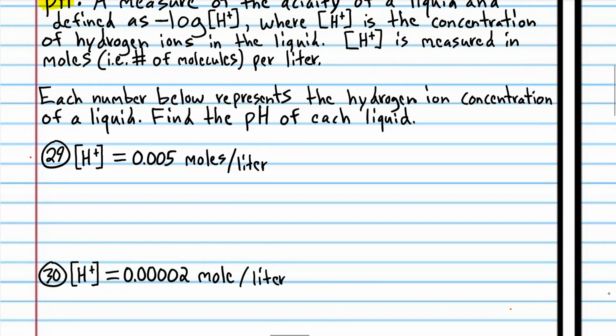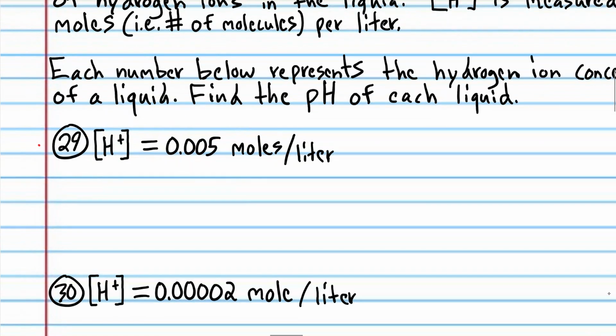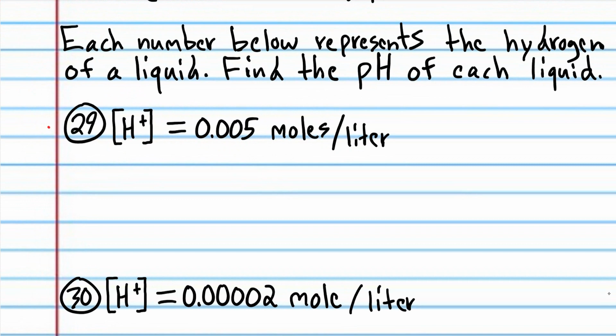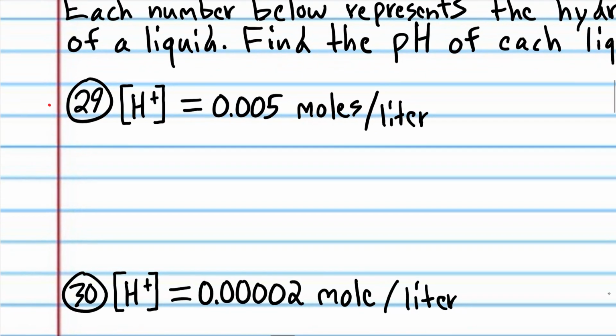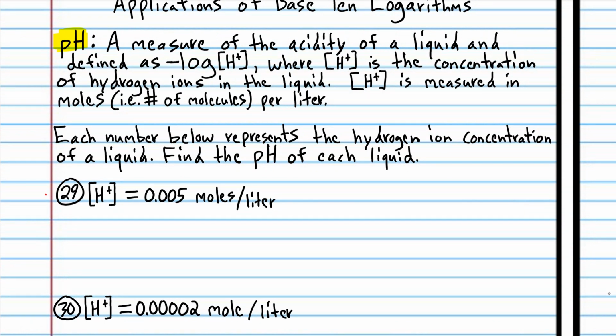So in chemistry, hydrogen ion concentration is notated with a bracket and an H plus. H stands for hydrogen, plus stands for ion. You'll learn about that in chemistry. You don't need to worry about that now. But as you can see up here, pH is defined as the negative log base 10 of the hydrogen ion concentration.